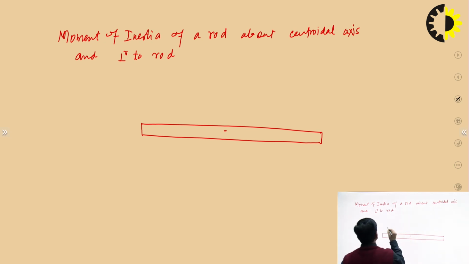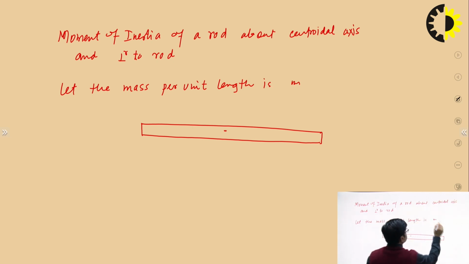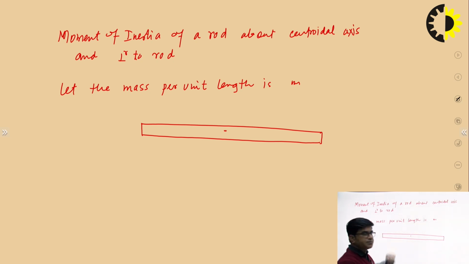So, let the mass per unit length be m, and I want to calculate the moment of inertia about this line, and this is nothing but the centroidal axis and perpendicular to the longitudinal axis.